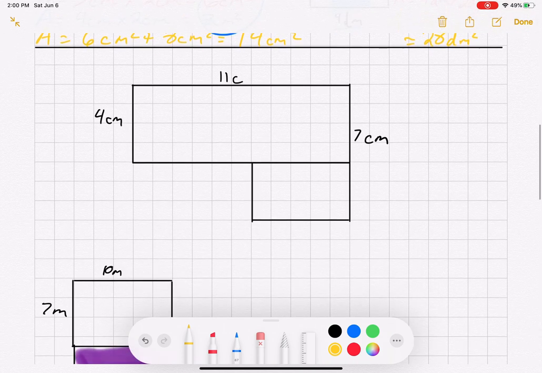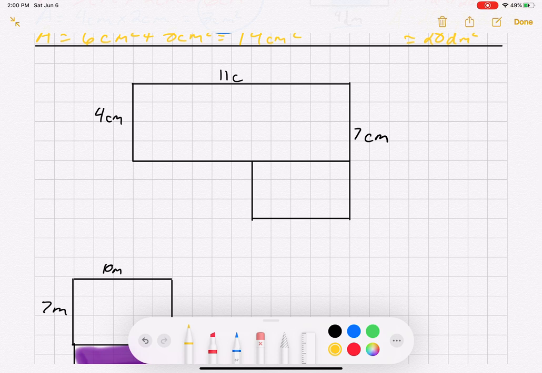All right. But what if we're not given a length? If I'm looking at this side here, this width of that part of the rectangle, this is 4 centimeters, but this side says 7 centimeters.